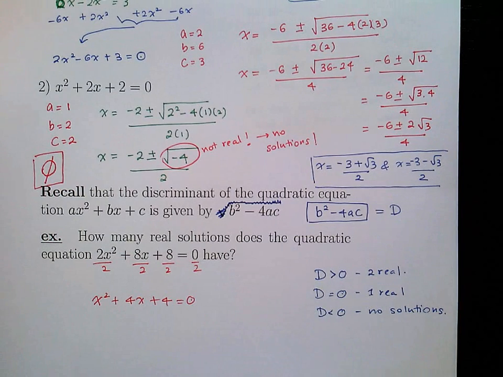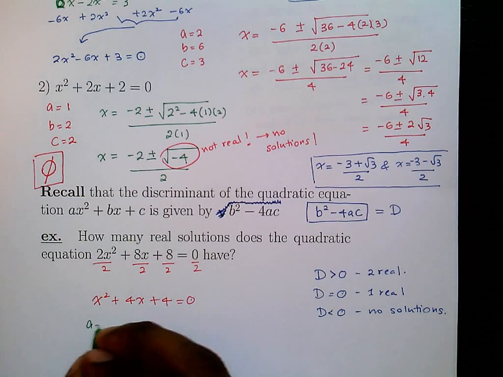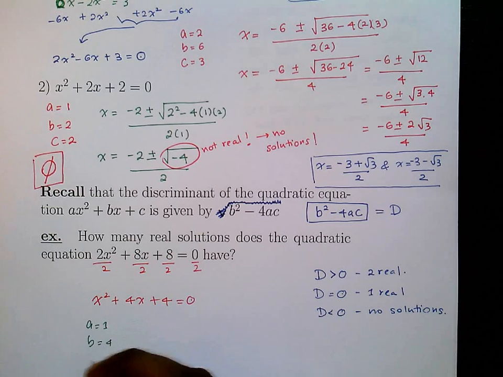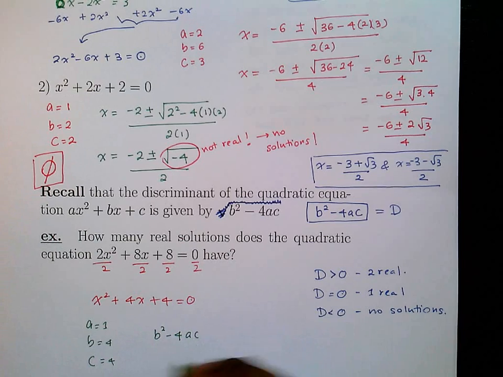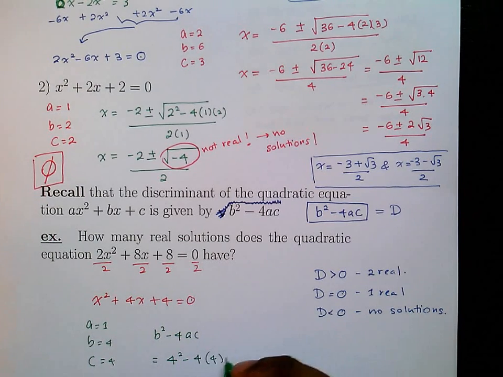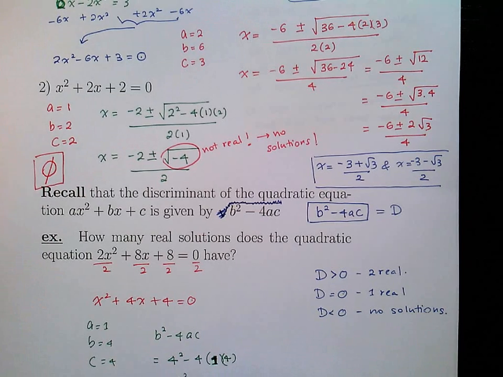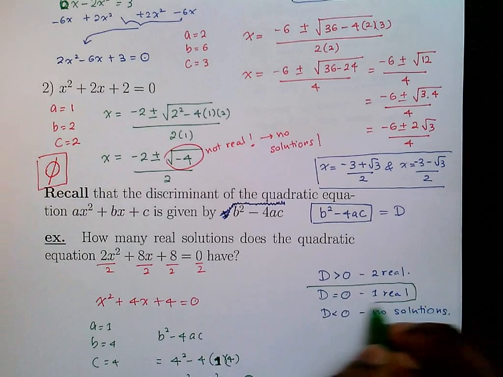So let's take the discriminant. Your a is 1, your b is 4, your c is 4. So b squared minus 4ac is 4 squared minus 4 times 1 times 4. That is 4 squared minus 4 squared, which is 0. Which means we have this situation.